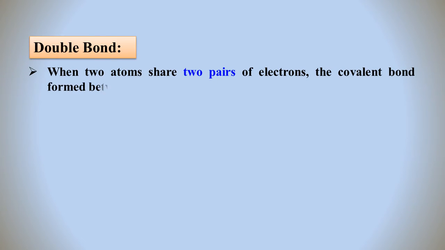Okay, we have the second kind, double covalent or dicovalent. When two atoms share 2 pairs of electrons, the covalent bond formed between them is called a double covalent or dicovalent bond. What happens to make this kind of bond?